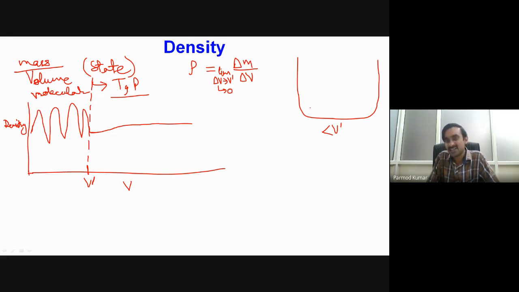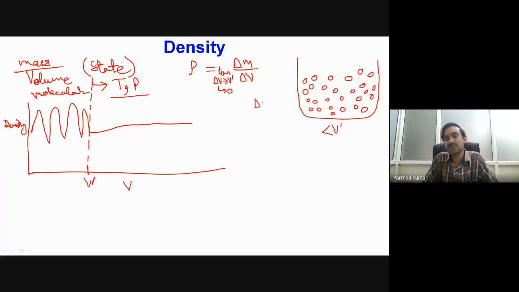It means I can specify the individual molecules. So whatever circles I am drawing here are nothing but the individual molecules of any substance.